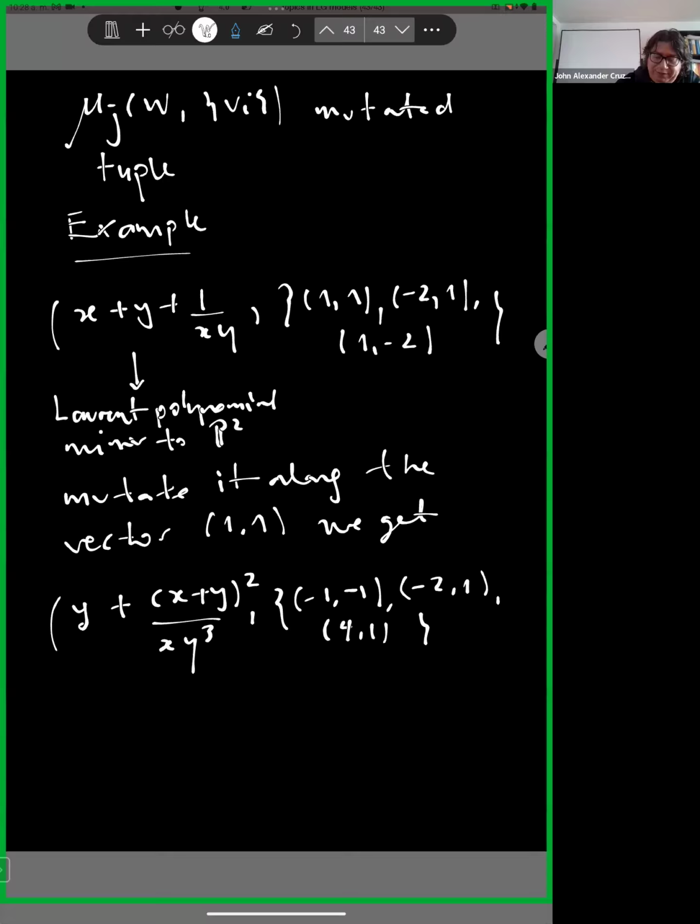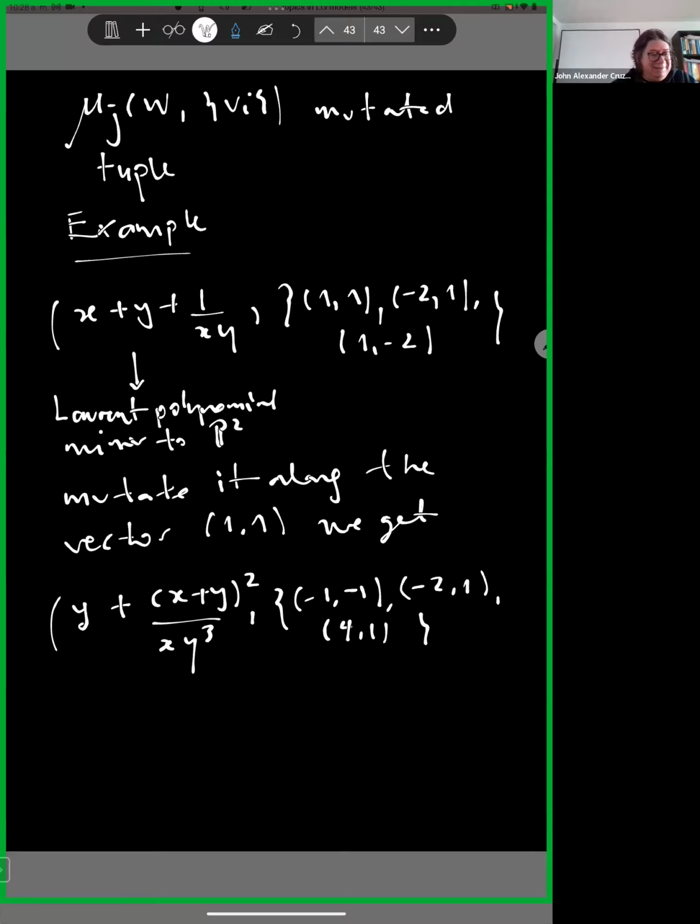You get a new Laurent polynomial, then you mutate again, and you get new Landau-Ginzburg seeds. There is this interesting phenomenon: if you mutate a Landau-Ginzburg seed, you get again a Landau-Ginzburg seed.